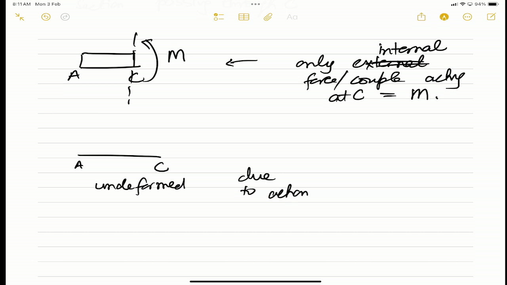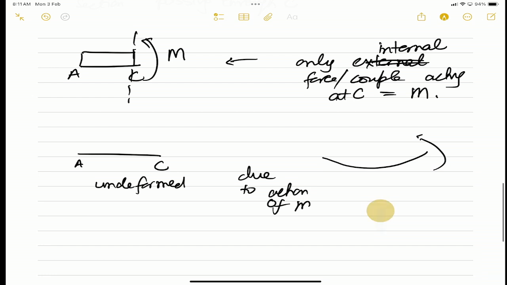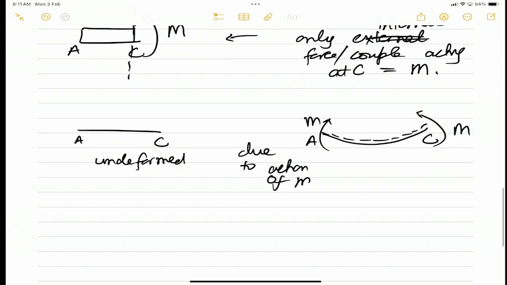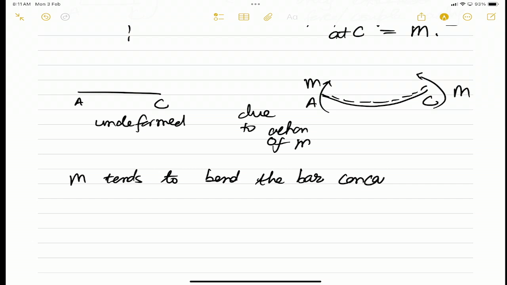Due to action of M, so M tends to this moment M, the way it is applied, it tends to curve the bar upwards.